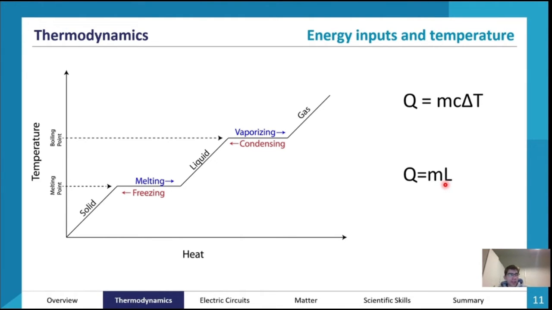Now, that statement is not fully correct, I have to be honest. It is a bit more complicated, the way that the latent heat capacity works, because it involves bonds breaking and change of phases for a material.